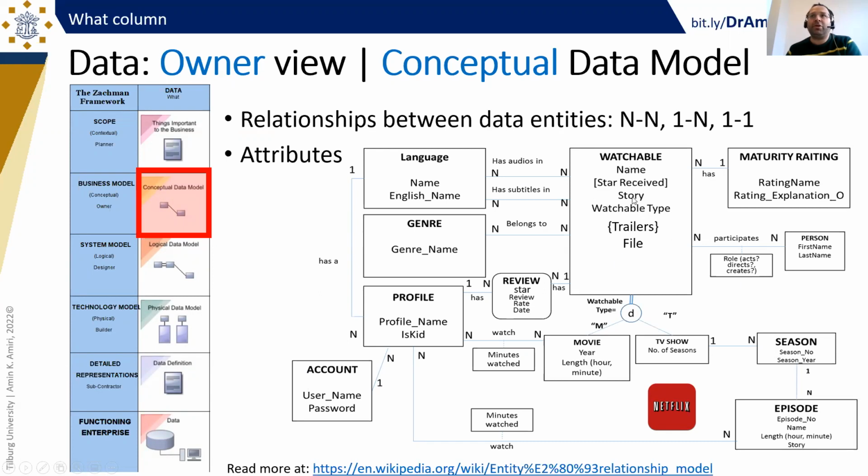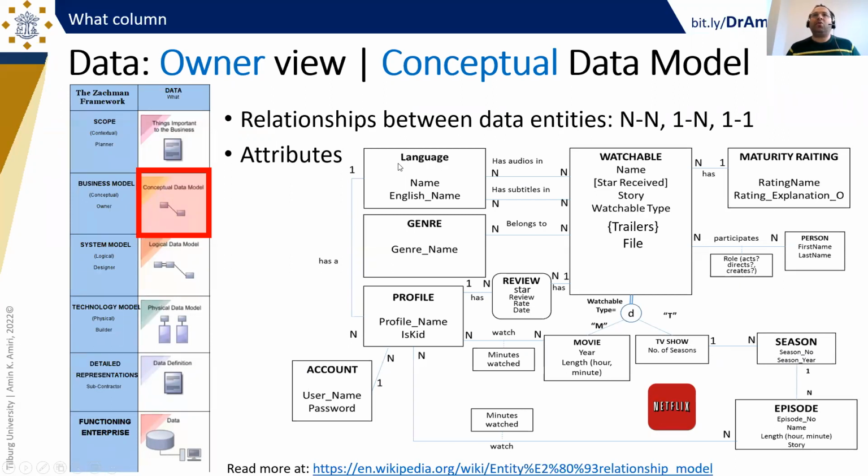For a TV show, not only do I want to know the name and story and trailers, I want to store them somewhere. I also want to know the number of seasons. And then for that TV show, I would like to know how many seasons they have and what the attributes of that season are. And that season, again, has several episodes.